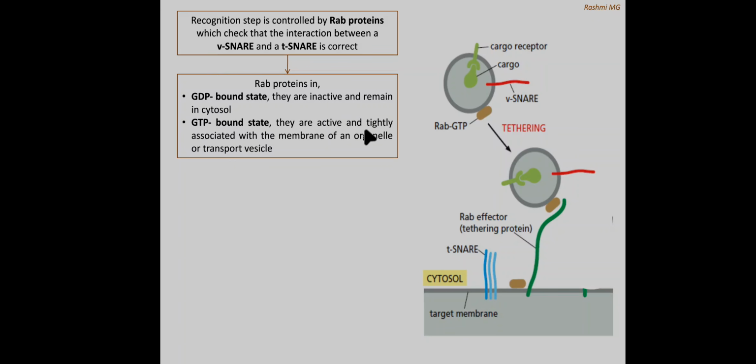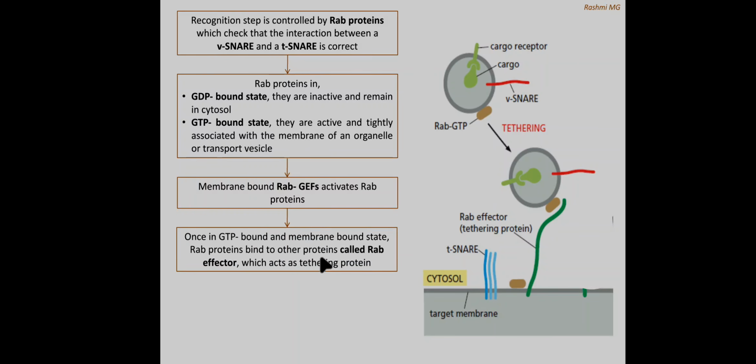In GTP bound state, it is active and tightly associated with the membrane of an organelle or transport vesicles. Membrane bound Rab GEFs activate the Rab protein. So Rab GTP is in active form now. Once in GTP bound and membrane bound state, Rab proteins bind to other proteins.